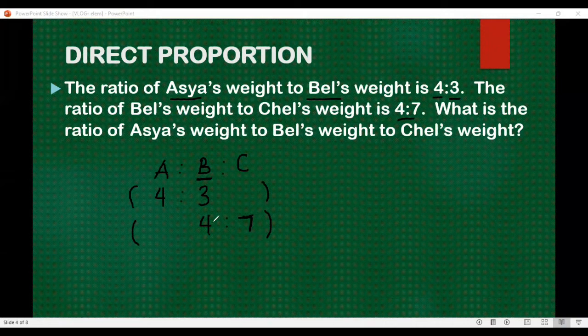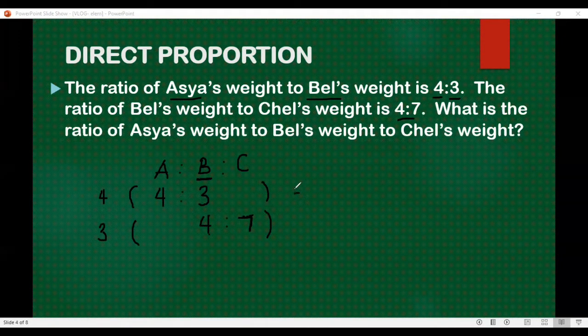Since 3 and 4 are relatively prime, we don't see any factor common to them except 1. All we have to do is to multiply here the 3 with 4, while this with 3. So again, if they are relatively prime, all we have to do is to exchange these numbers.